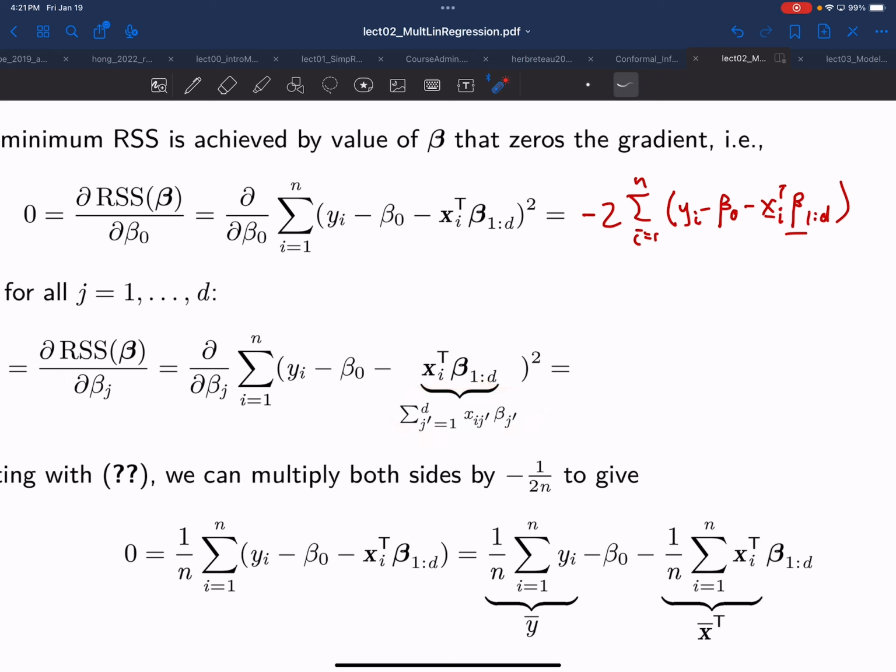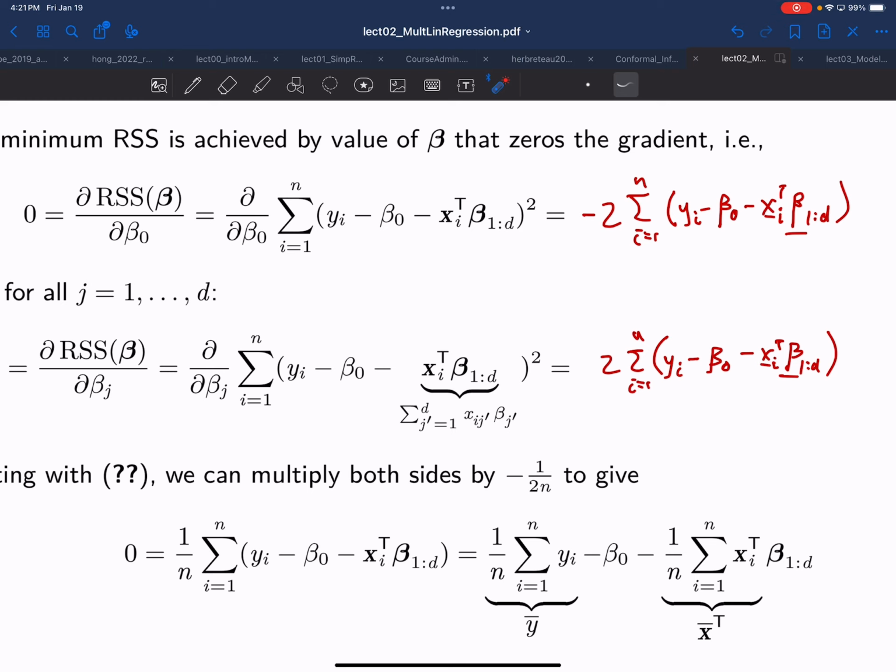And so, again, when we compute the partial derivative, we can move it through the sum, pull down the 2. Then by the chain rule, we have the thing inside the parentheses, which is the same as above. And finally, what do we get now for the partial derivative of the thing inside the parentheses?